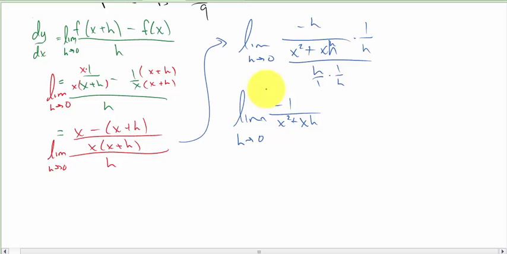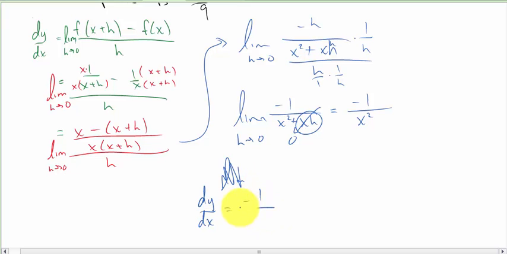We don't have over h anymore. We can now do our direct substitution. So we don't need the limit anymore. This is equal to negative 1 over x squared. This term will go to 0. So our dy dx, our derivative of 1 over x, is negative 1 over x squared.